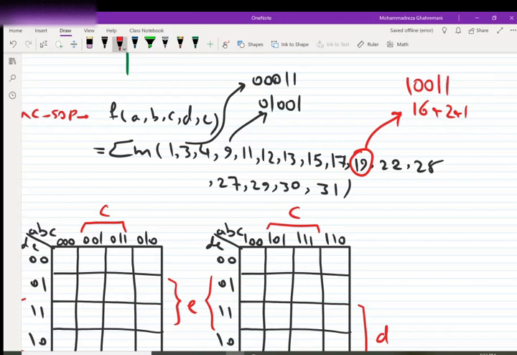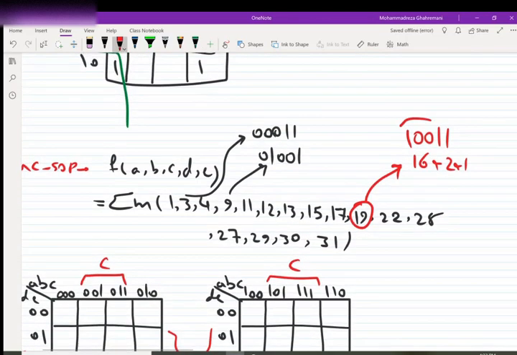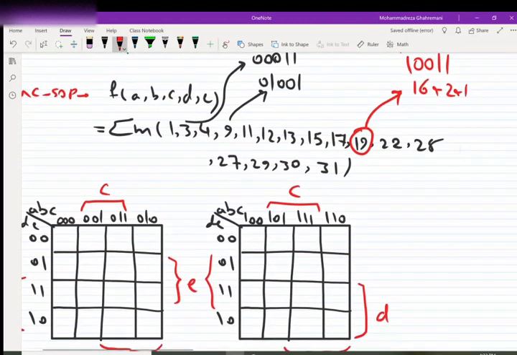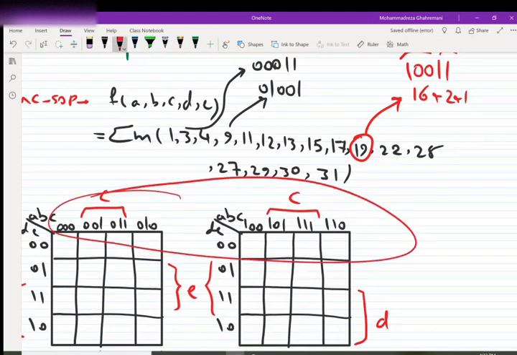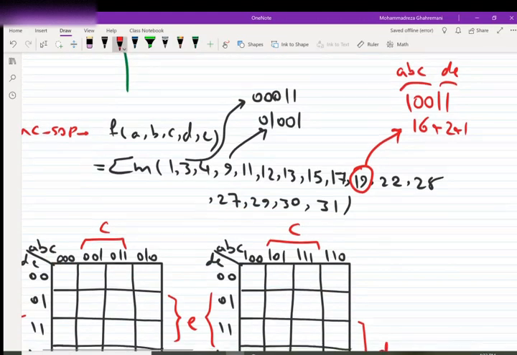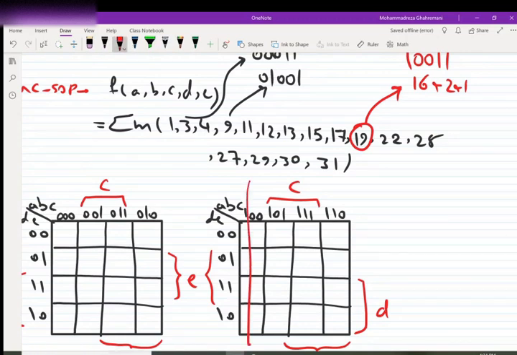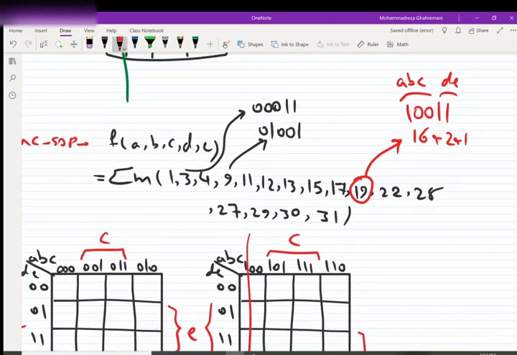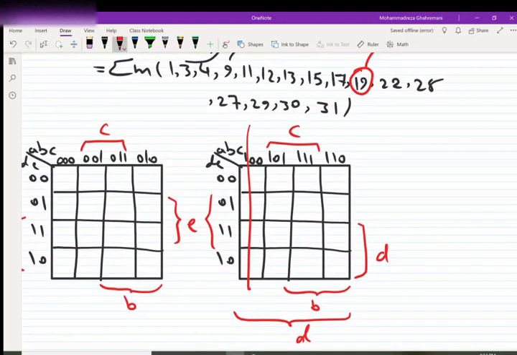This one is 16. So these three are A, B, C, and these two are D, E. So A, B, C should be 1, 0, 0. Let's find 1, 0, 0 from here. 1, 0, 0 is this column. Let's find D, E, find 1, 1. 1, 1 is this row. So this cell is 19. Okay, so it's the way we place the minterms in the tables.